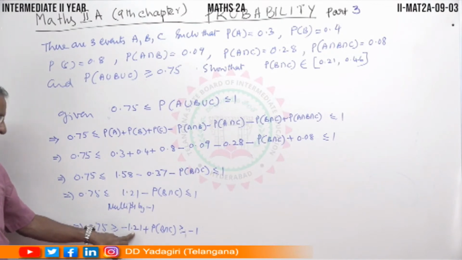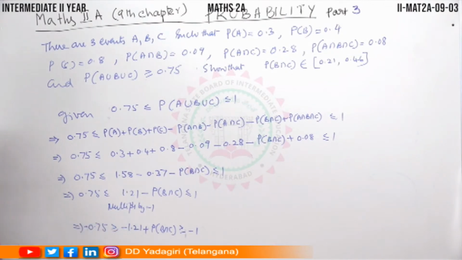To avoid this minus 1.21, add 1.21 to all three quantities.